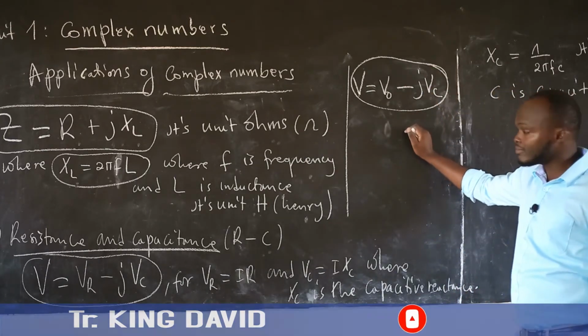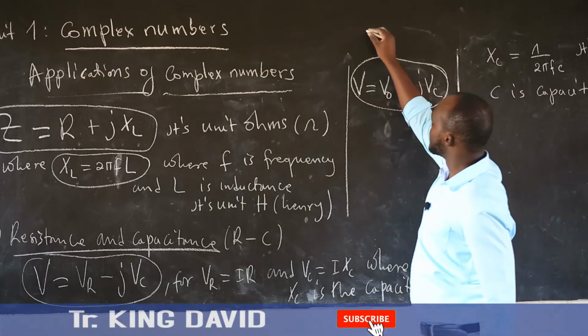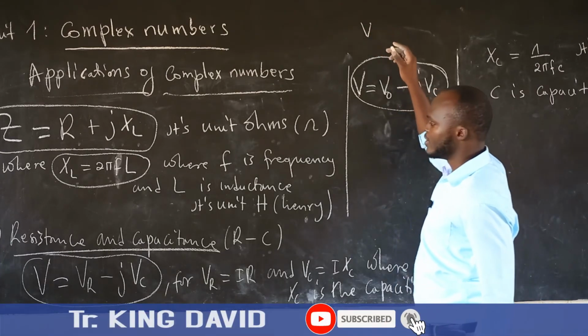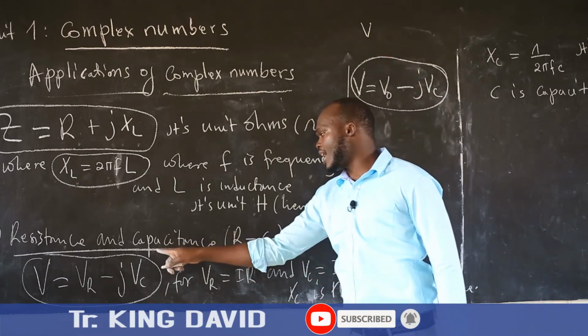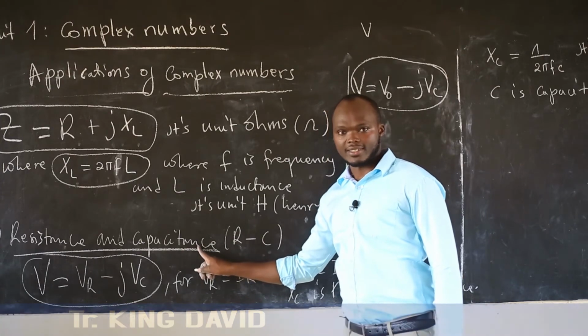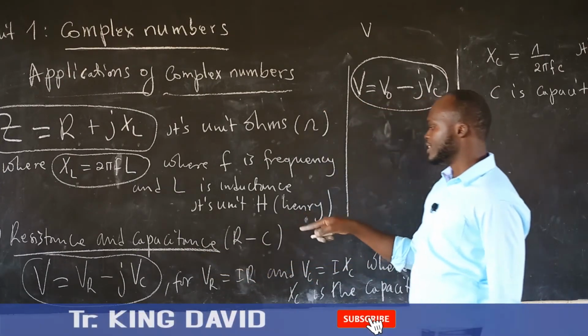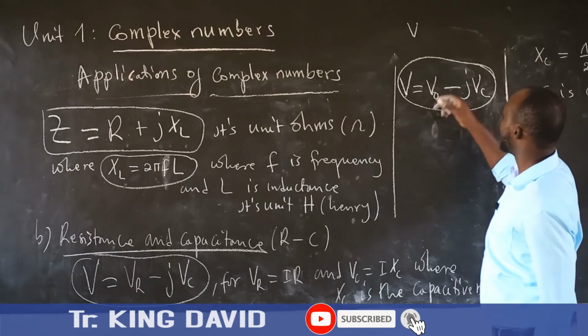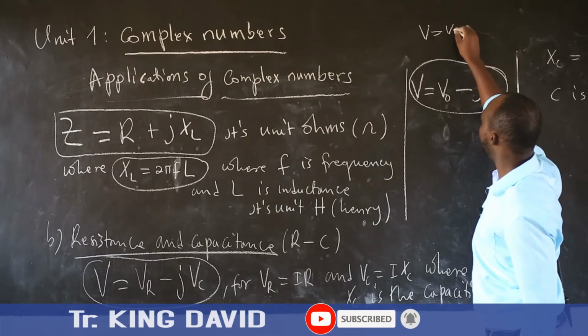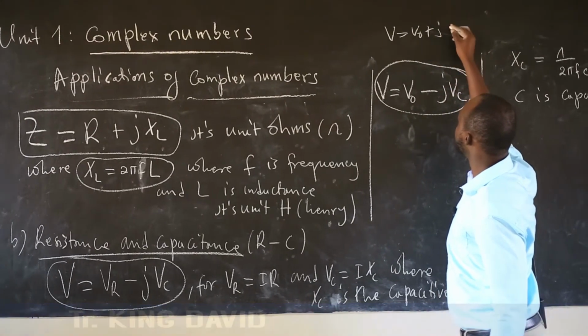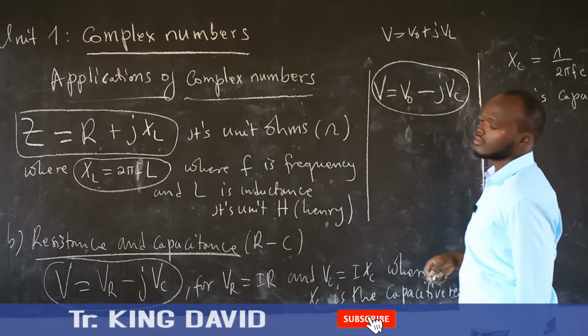The first one was for resistance and reactance, where we had V equal to VR plus jVL.